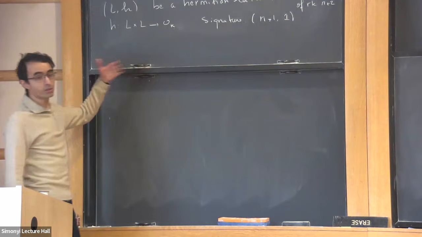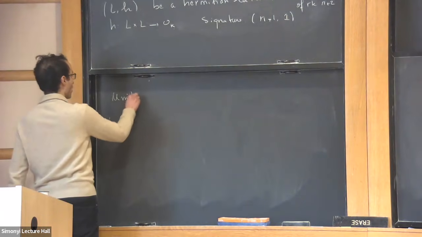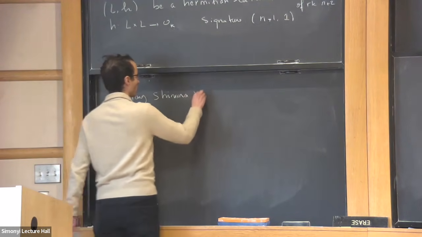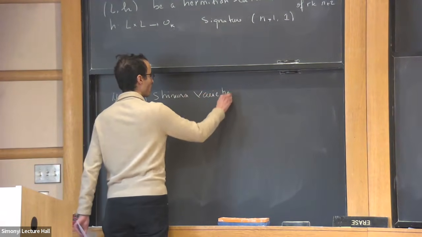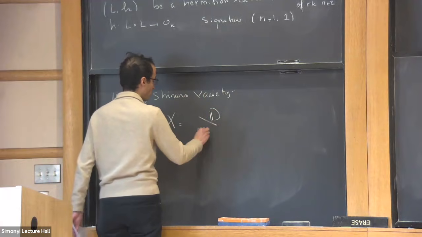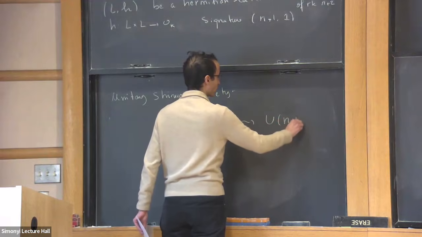Now, associated to this data, we can construct a unitary Shimura variety X = D mod Gamma, the unitary Shimura variety associated to the group U(n+1, 1).